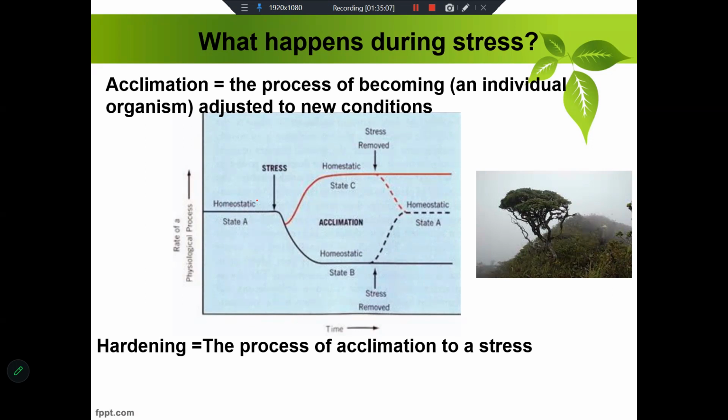Sometimes, depending on the species and also on the stress conditions, after the drop in the rate of the physiological process, the plants can adjust, and their new homeostatic state can be a little bit above the normal one.